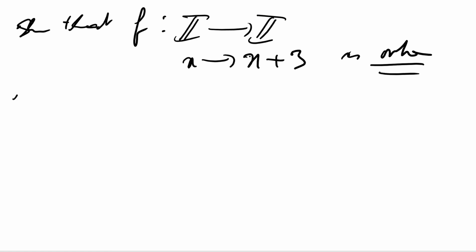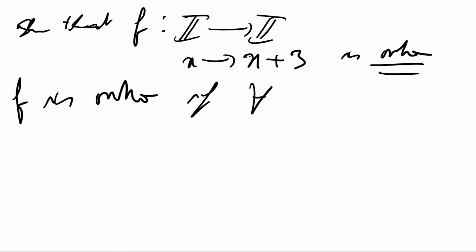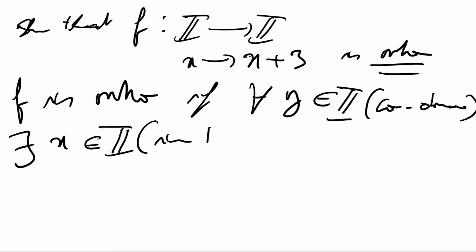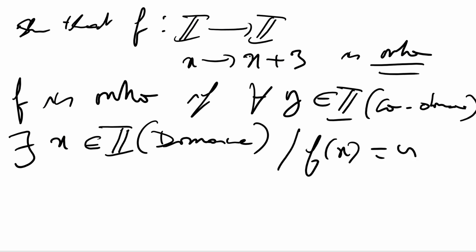So we say that f is onto if for every y in Z, this is the codomain, there exists a certain x in the domain such that f of x equals y.